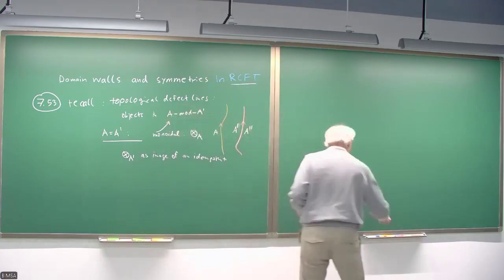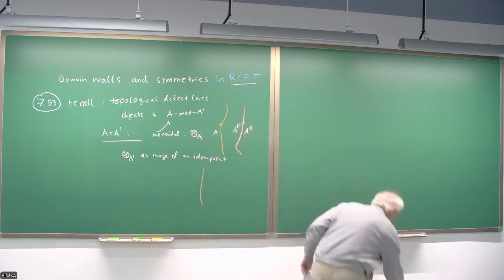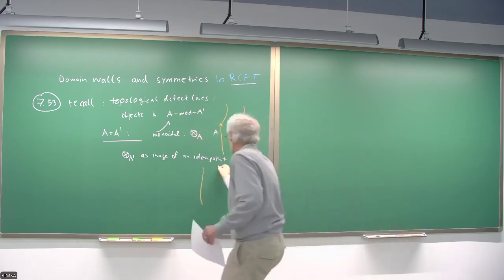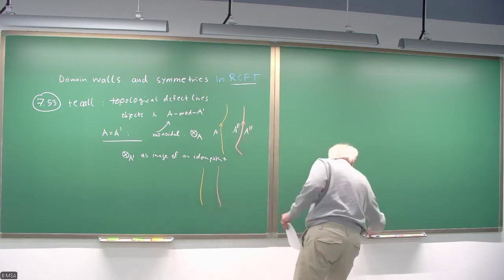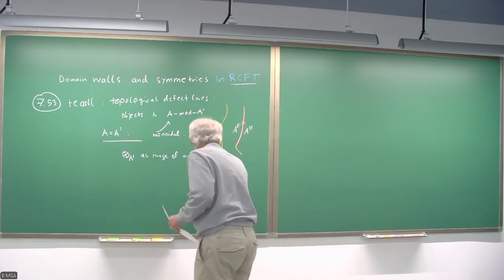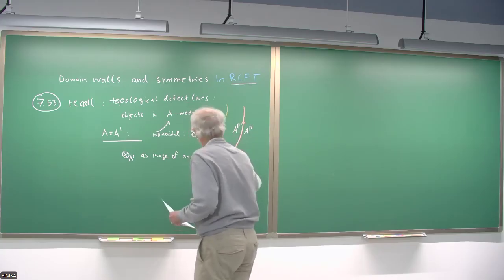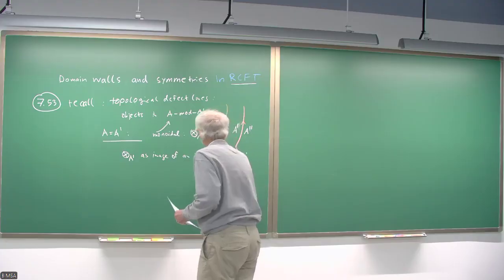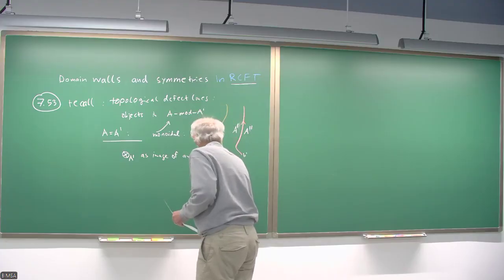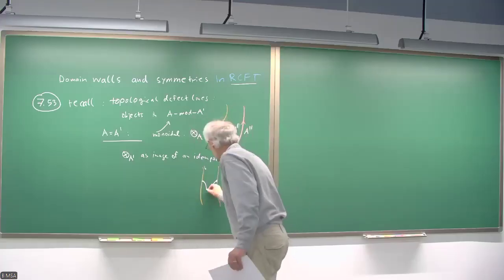So in this situation, I don't write the orientations for simplicity. We have a left action of A prime on this B and this B prime, and the right action and the left action on B prime.